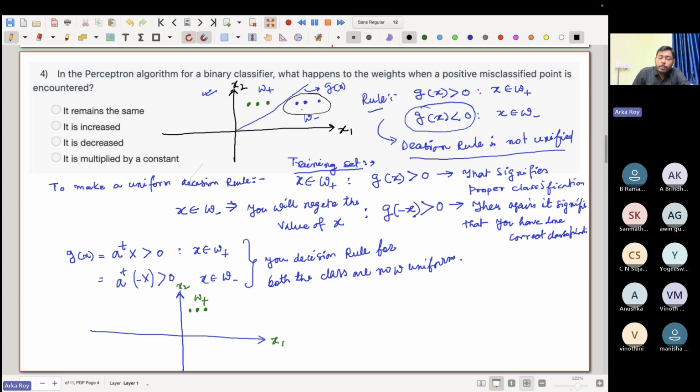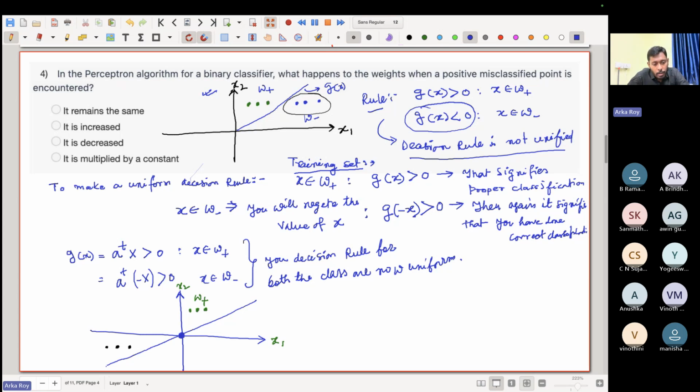If you negate the value, what will be the position? The x values are negated, so that means this will come on this side, and y values will also be negated, so they will come in the third quadrant. And your decision surface is the same, so it should pass through 0. Please pardon the drawing.